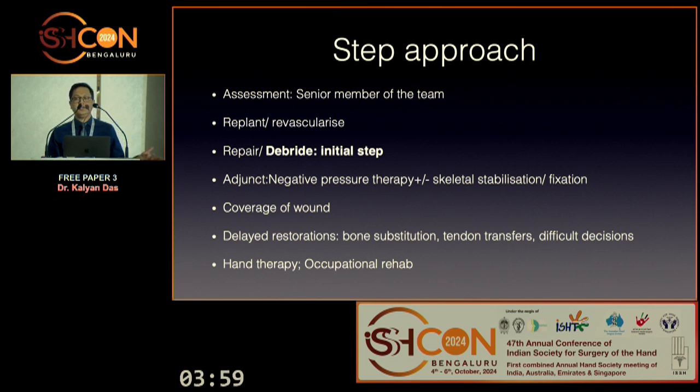That takes priority, and if there is no such possibility, we go for radical, sharp surgical debridement, negative pressure therapy, skeletal stabilization, then coverage of the wound, and finally delayed restorations like bone substitution and transfers, and if the results are not up to the patient's expectations, sometimes difficult decisions like delayed amputation.